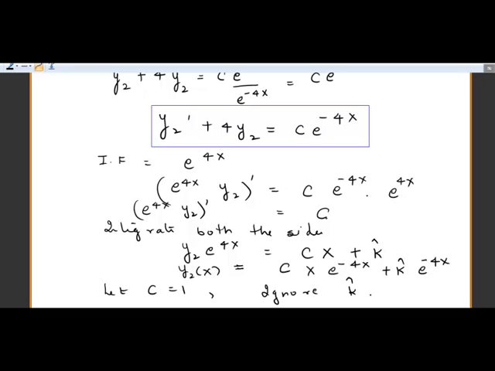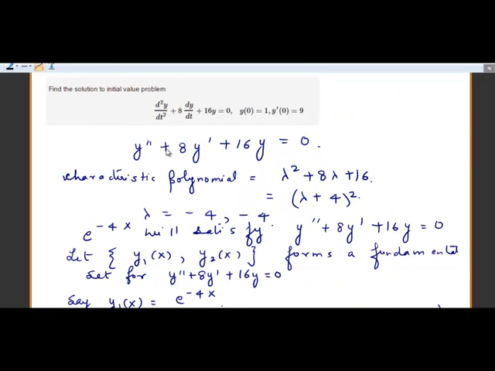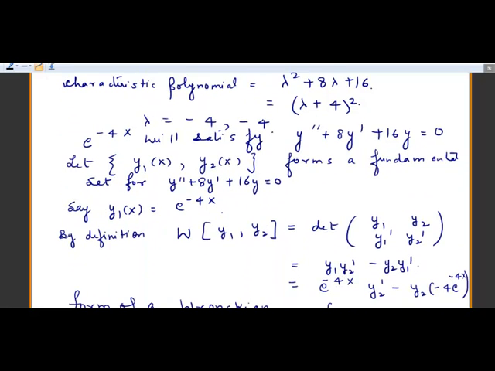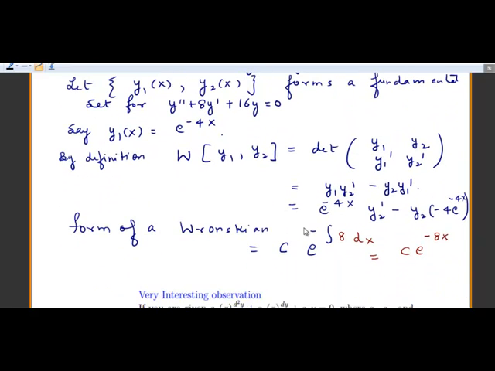What was the main goal in this problem when we started out? So let's go back up quickly. We had this differential equation. We wrote down the characteristic polynomial. We got repeated roots. We picked one of them as satisfying the differential equation, right? So what we wanted was the second member of the fundamental set. For that, I invoked the idea of Wronskian.